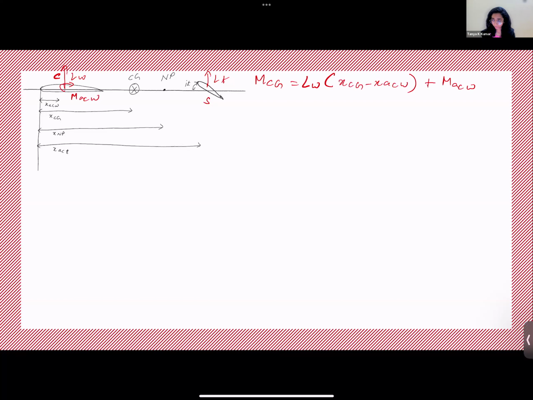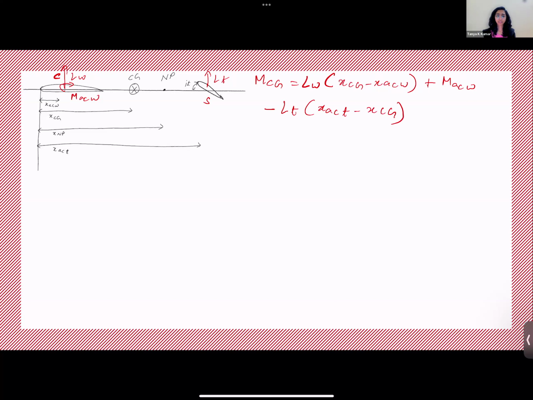Then let's move on to the tail. What will that produce? Minus, it's a negative, it's a pitch down moment, right? So lift at the tail into, what is the distance here? It will be XAC tail minus XCG. Now these are in terms of moment, so we need to non-dimensionalize it.